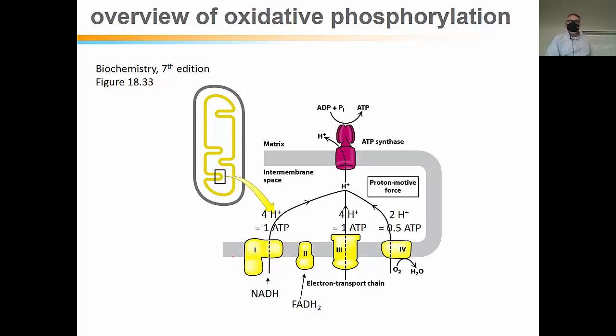We care about that because if we are donating electrons from NADH, we move 4, 4, 2, for 10 protons, for a total of 2.5 ATP. And for FADH2, we move 4 and 2, for 6 protons, for a total of 1.5 ATP.